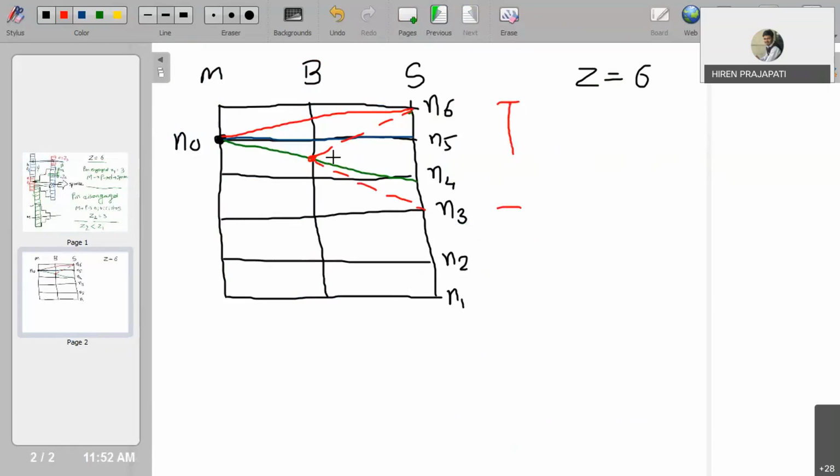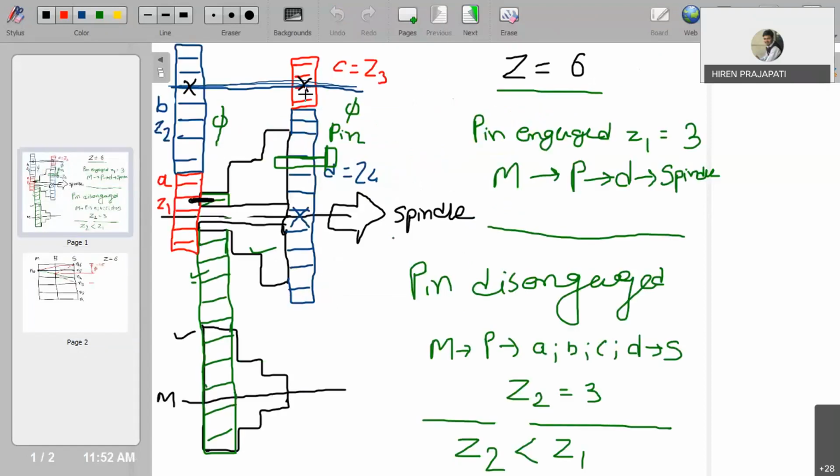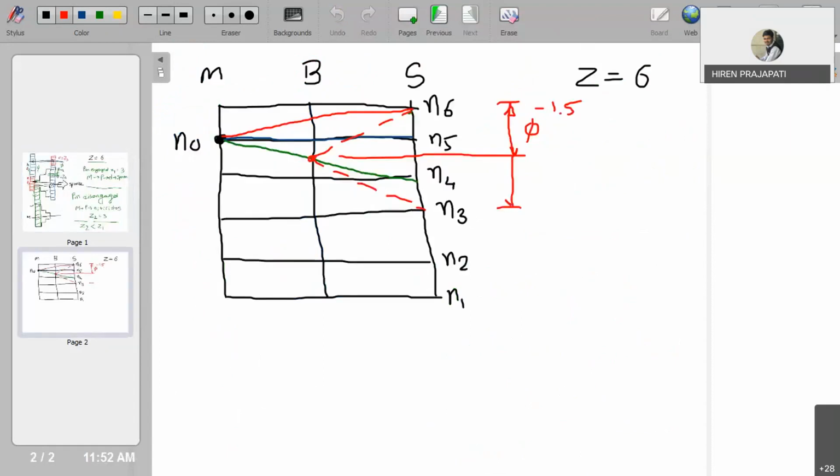For this line, as it's a reduction, the gear ratio is phi to the power minus 1.5, right? Similarly, the second gear drive CD gives the same reduction of phi to the power minus 1.5, right? The same will happen with n5.